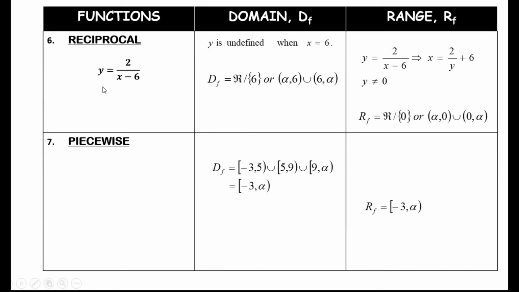Now for the reciprocal function, we know that the reciprocal function has a condition: x minus 6 cannot equal 0. Therefore, y is undefined if x equals 6. So the domain of f is all the real numbers except 6, or you can write it as negative infinity up to 6 union 6 to infinity.